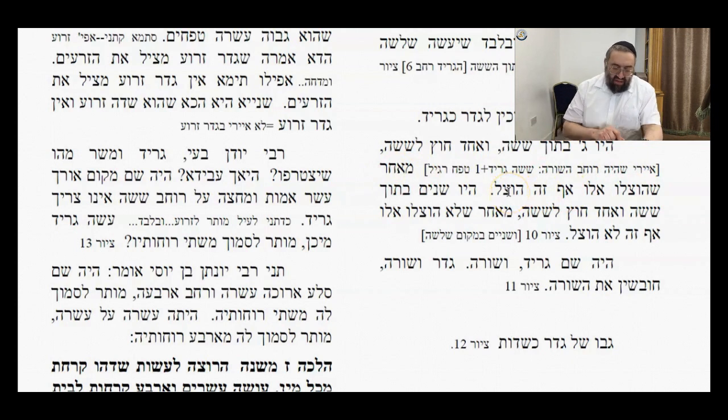Do you understand? The 1 tefach is next to the 3, and the 3 is part of the 6, which is fine. So the 3, which is species A, is next to the 1 tefach, which is species A. Then you've got species B on the side, but the 1 joins up, and that 1 is part of the 6 as well. Even though it's not within the 6, it has the din as if it's saved as part of the 6. The whole area is considered a single entity.